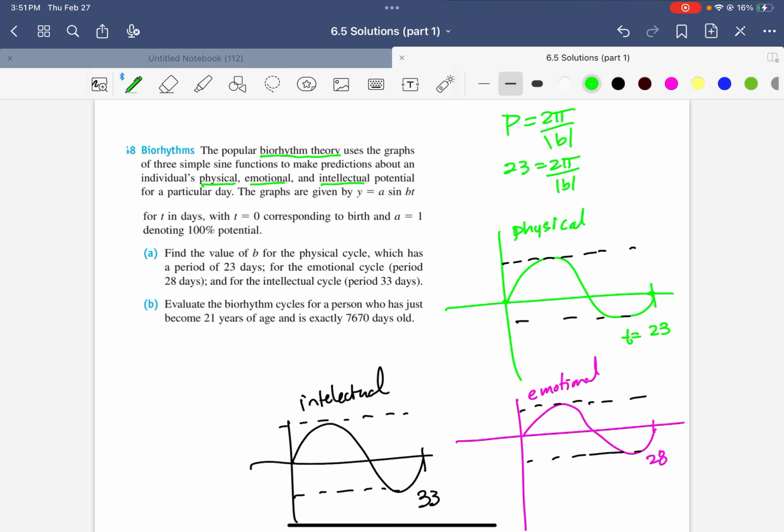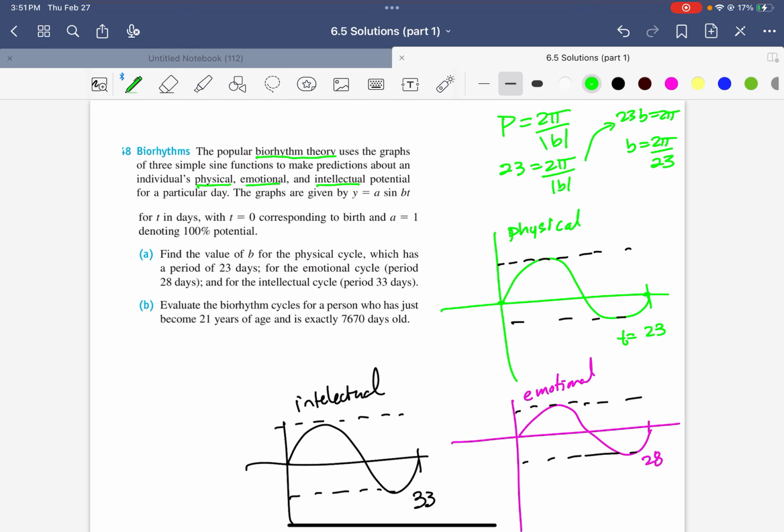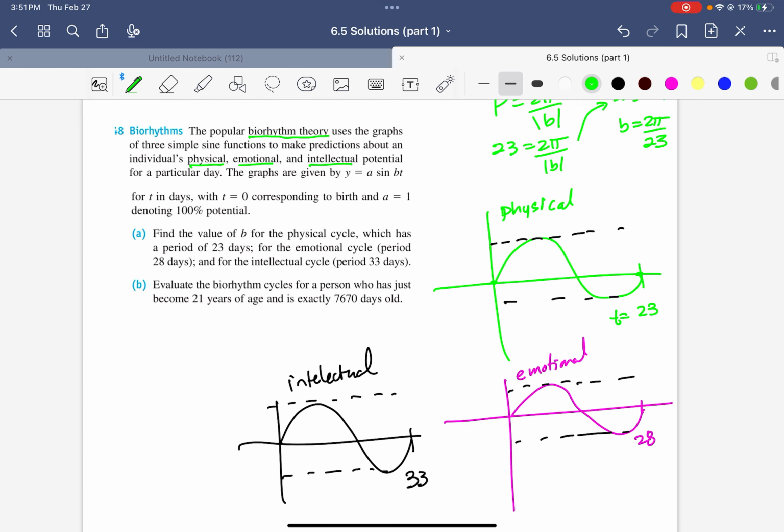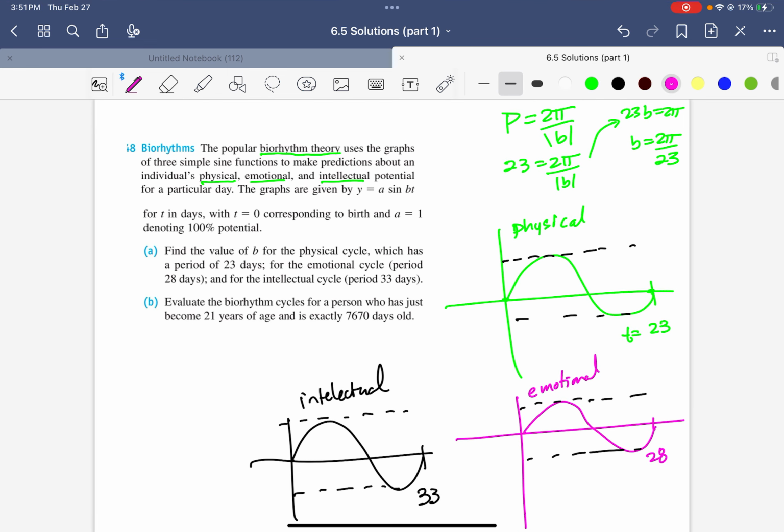In other words, B is just equal to 2 pi over 23, right? And I think very similarly, since it's exactly the same, you're going to find here that this B value is 2 pi over 28, and this B value should be 2 pi over 33.